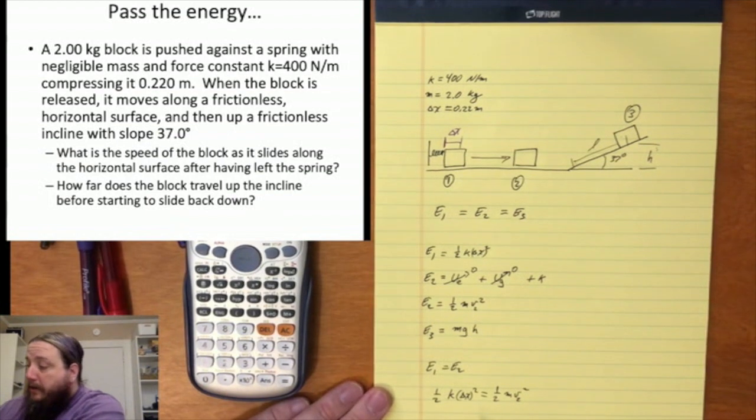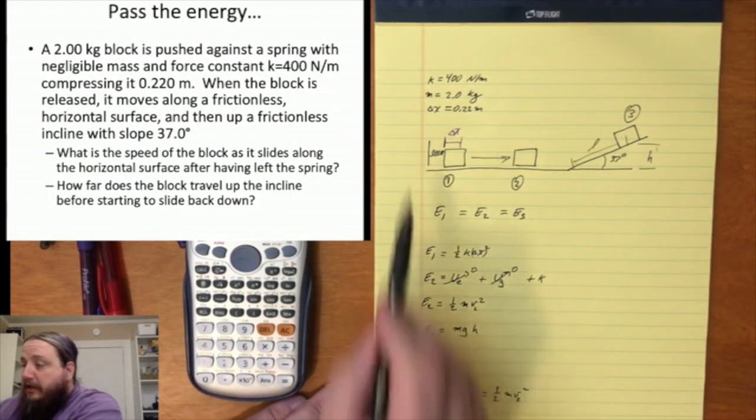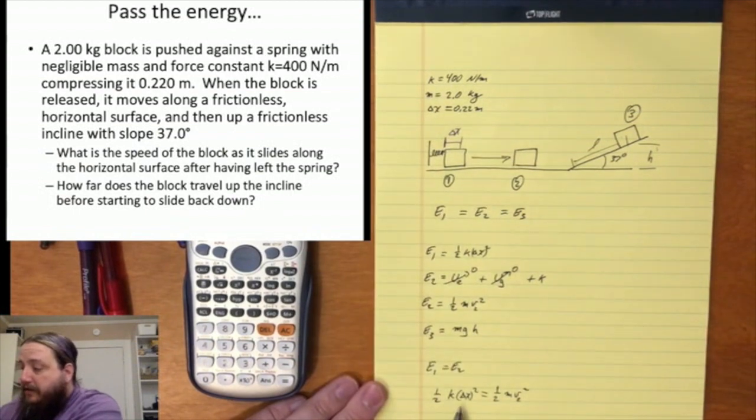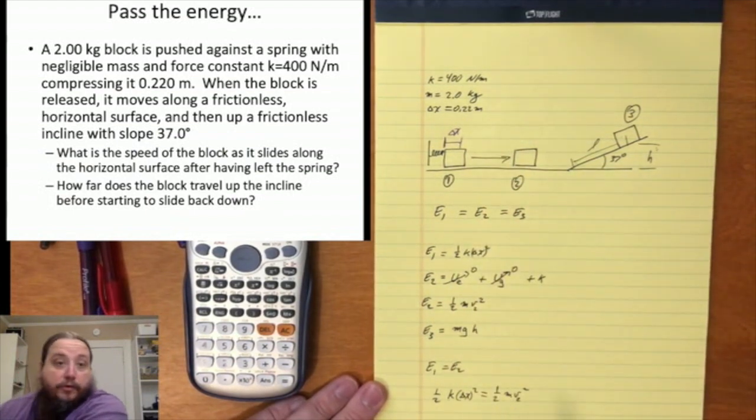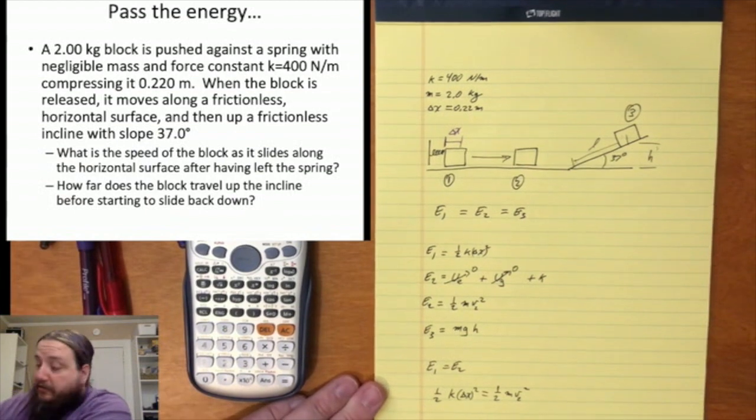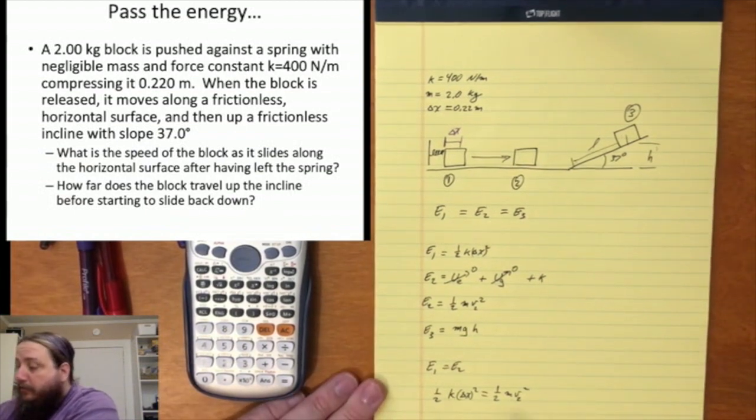So what do we know? Well, we know the spring constant k. We know the delta x of compression. So we know everything on the left, and we know the mass on the right, and we're trying to find the speed. All right, so if we solve this for speed, then we'll have what we want.